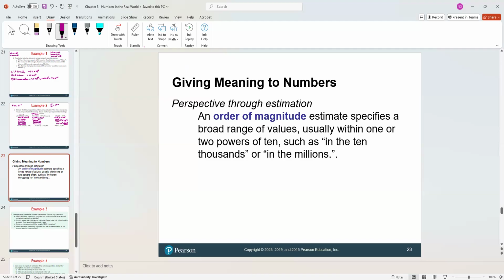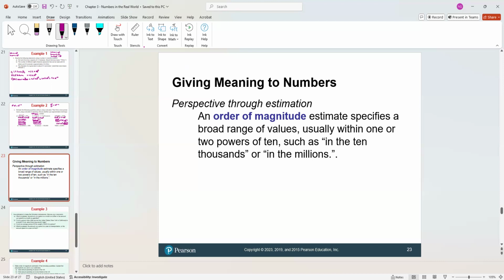So keep in mind that estimates are not meant to be exact. I'm just giving you something, because some floors are 12 feet high, all right? But it's just to give you an idea. Some estimates are useful even if they only get us within a very broad range of the exact value. If you have an idea, then you can do it. So you can infer a lot about the character of a building by knowing whether its population is in the 10,000s or the millions.